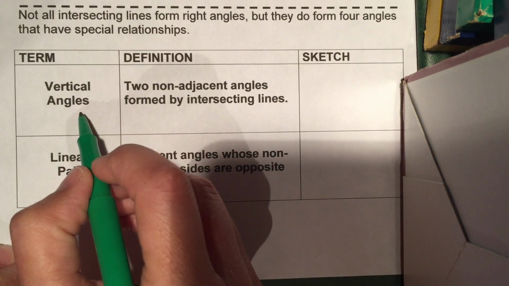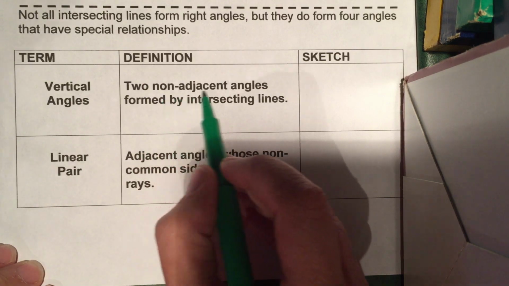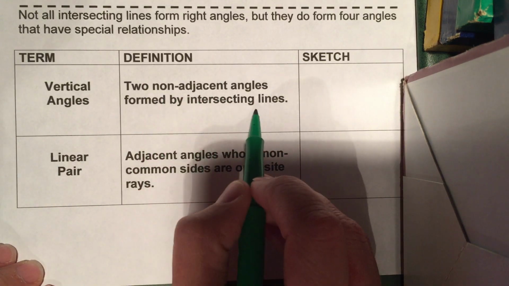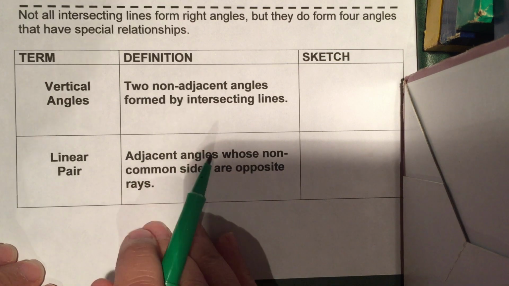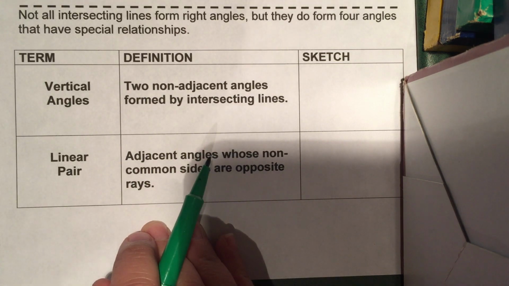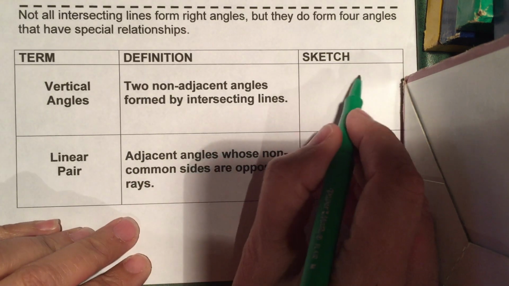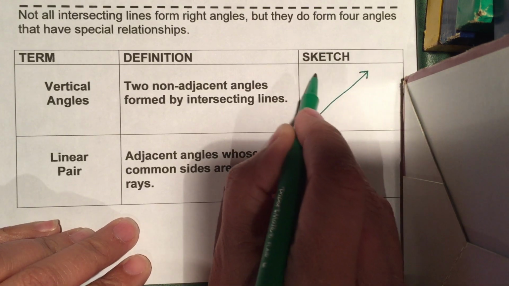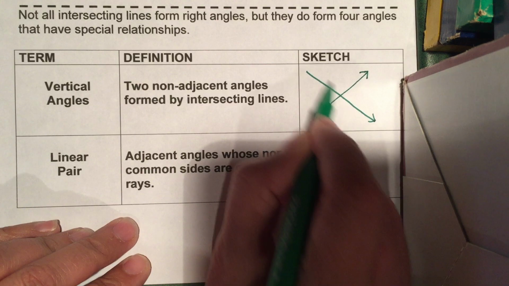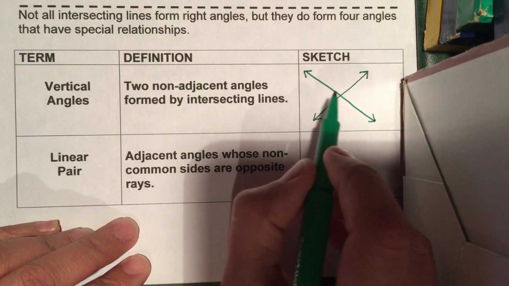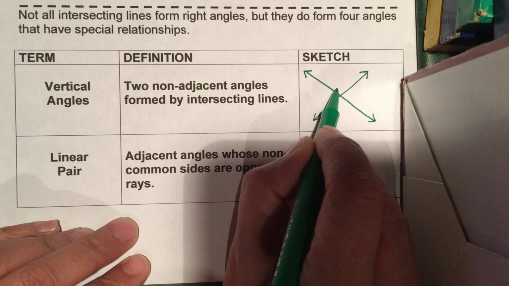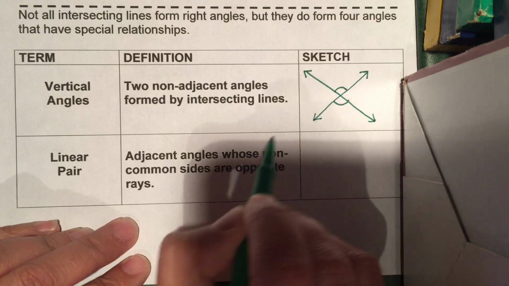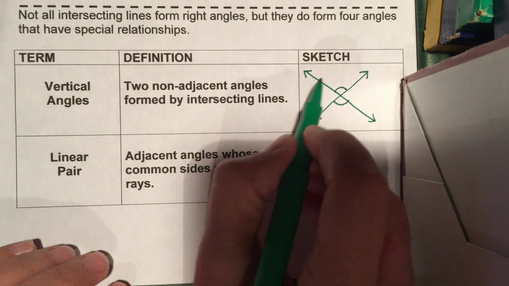We have vertical angles. Those are two non-adjacent angles formed by intersecting lines. And we're going to talk about adjacent angles in just a little bit. When you have two intersecting lines, your vertical angles are going to be what's across from each other. So this one and this one. That's a vertical angle pair right there.